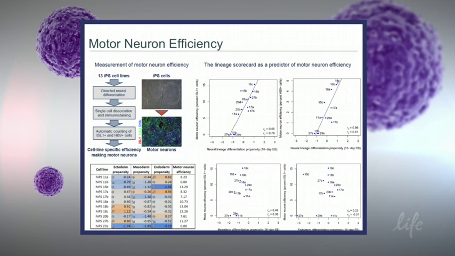This suggests we could pick up a gene expression signature that would allow us to predict and correlate the efficiency to make these motor neurons. That was also important because it was specific to the neural differentiation score, but not to the mesodermal or endodermal scores that we obtained. So we can use these gene expression signatures to predict and quantify the differentiation of these cell lines.